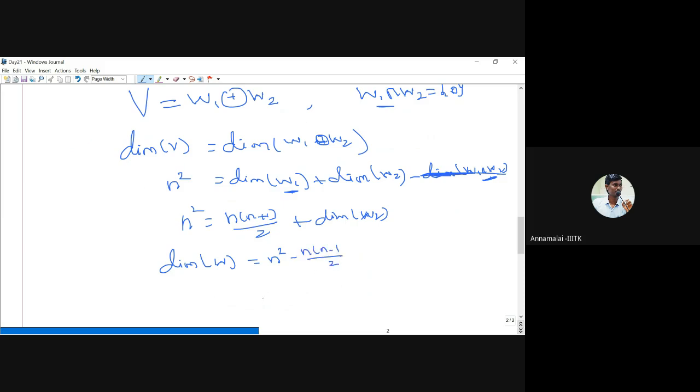Now just cross multiply and simplify. The denominator is 2, and the numerator is 2n square minus n square minus n. Sorry, this is actually plus 1 inside, so this is minus.